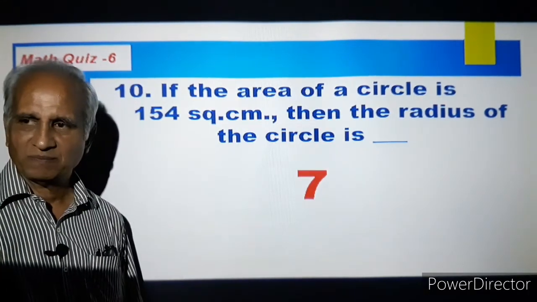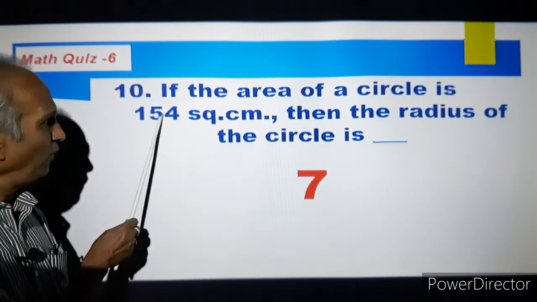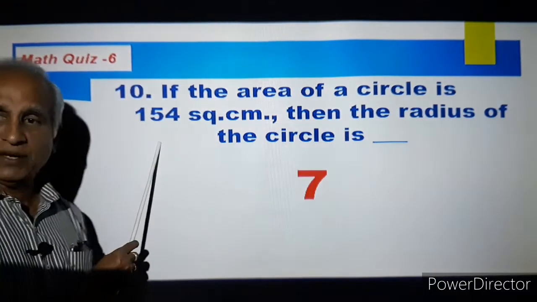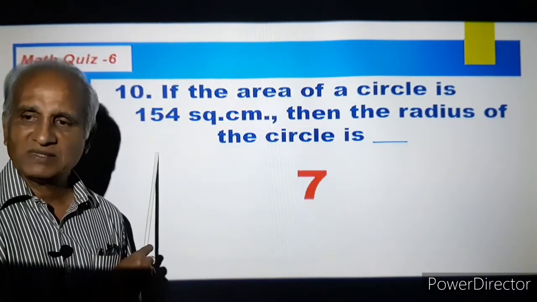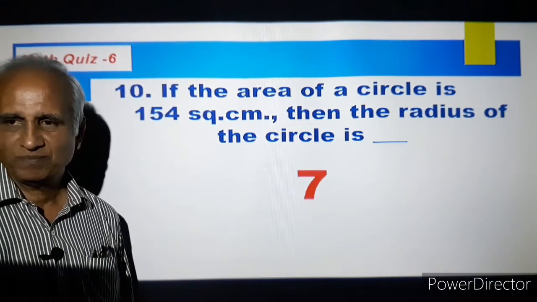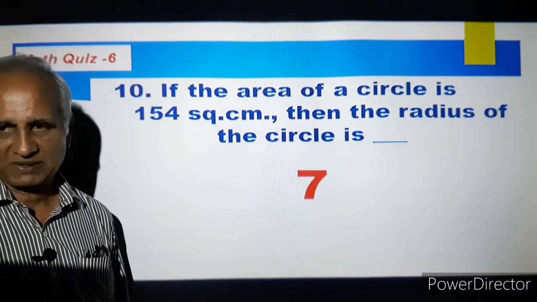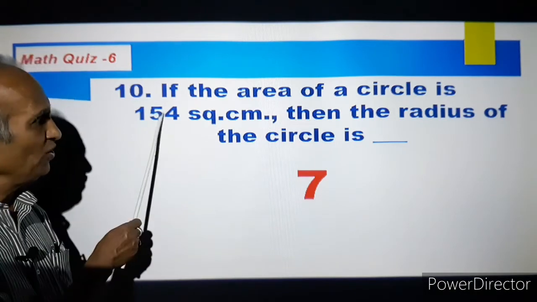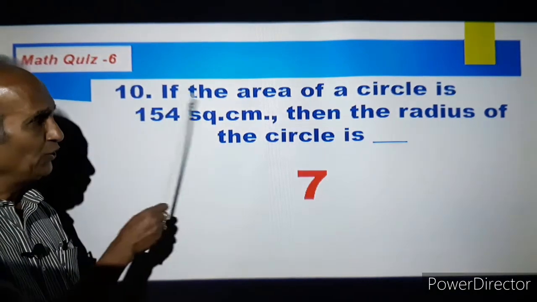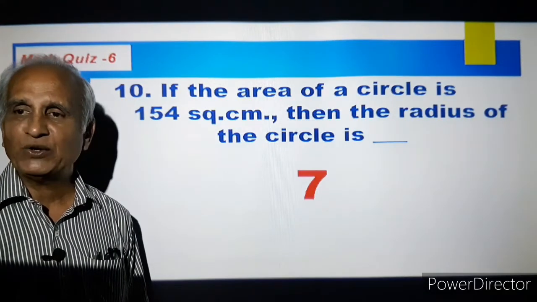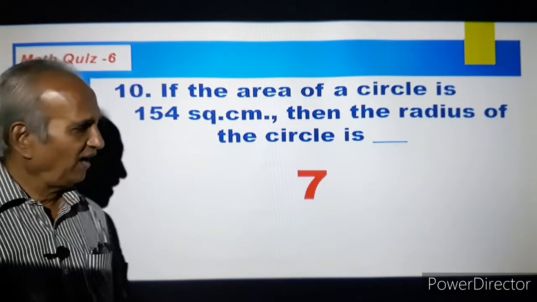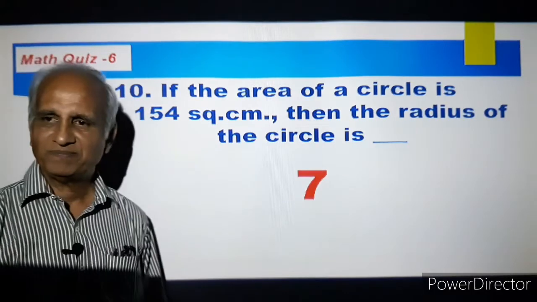Cross multiplication. Now 154 divided by 22. You work it out. 22 7 times is 154. So it is 7 into 7. R squared is equal to 7 into 7. What is R? R is 7.